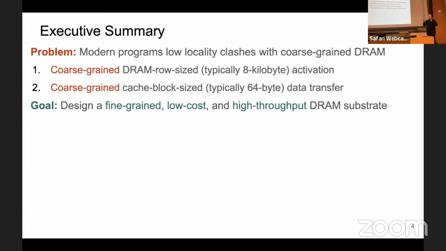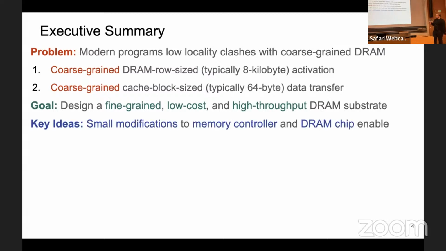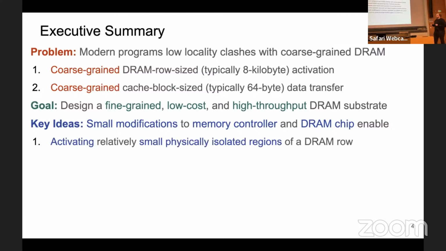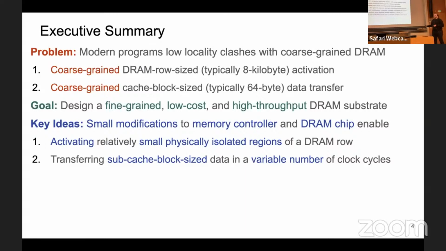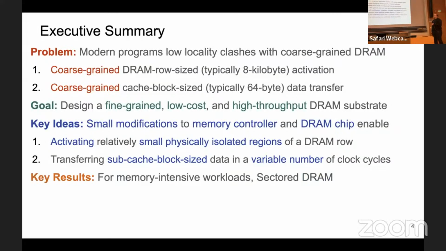The goal of the paper was to design a fine-grained, so something that goes at this in a smaller way, low-cost and high-throughput DRAM substrate. The way it achieves this is by small modifications to the memory controller and the DRAM chip. It activates really small, physically isolated regions of a DRAM row instead of an entire DRAM row, and it transfers sub-cache block size data in variable burst lengths.